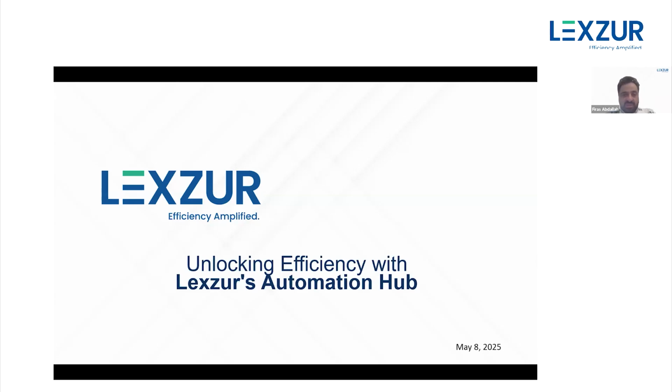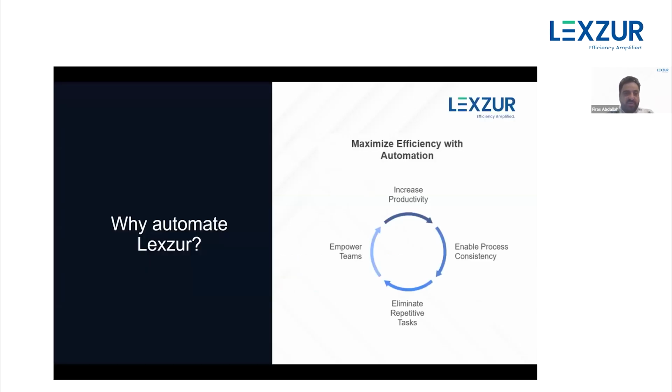So let's start with the first slide of the presentation, which asks a very important question: why automate Lexzur? The direct, straightforward answer is very simple: to maximize efficiency. So we define automation to maximize efficiency.